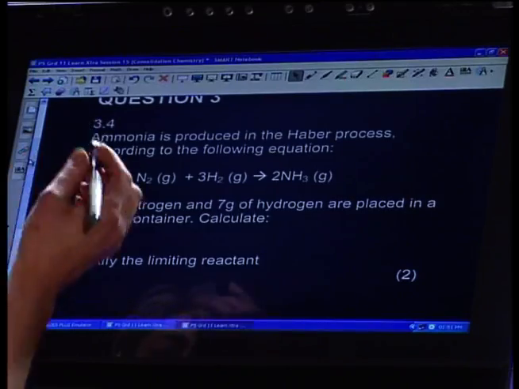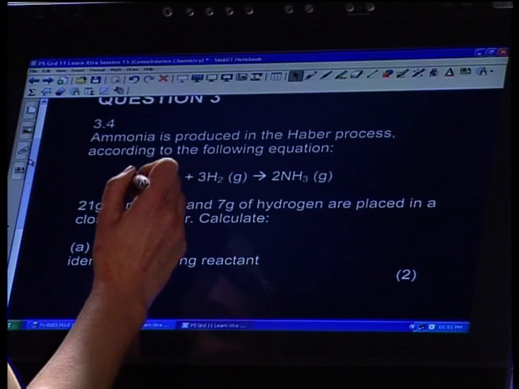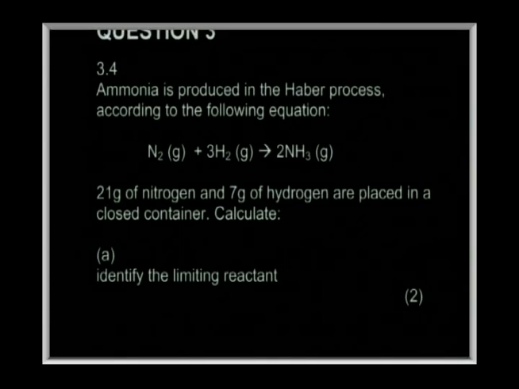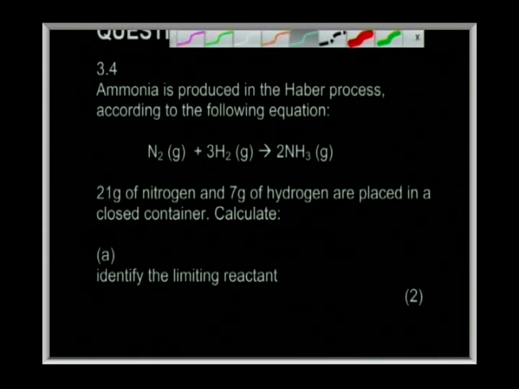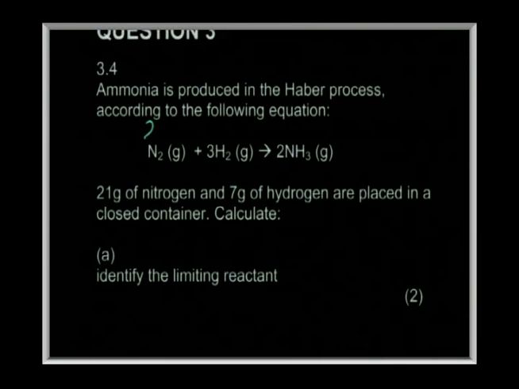Now, we are told that 21 grams, there's a movie like that, 21 grams of nitrogen and 7 grams of hydrogen are placed in a closed container. And they want to know from us, what is the limiting reagent or reactant?